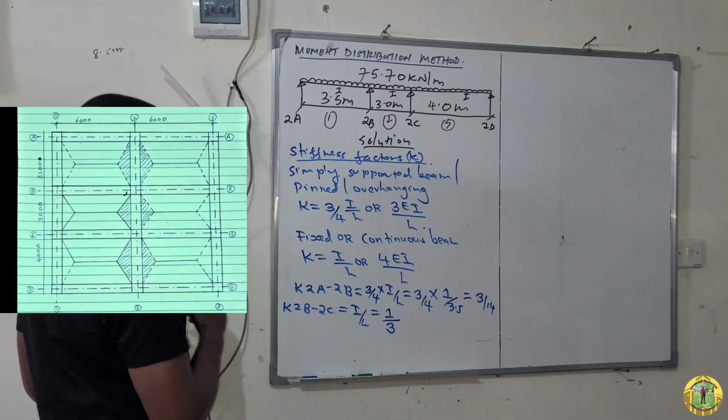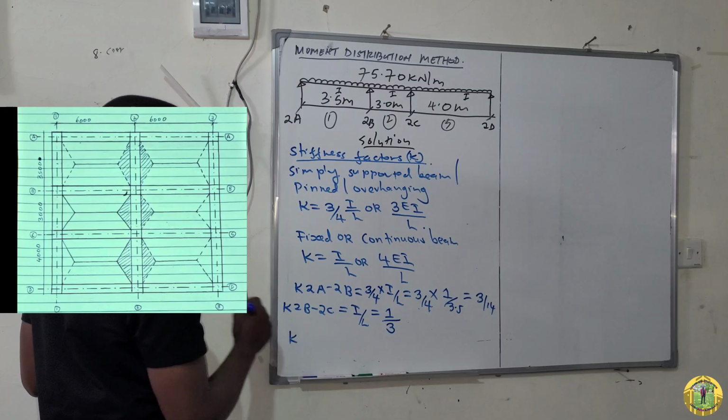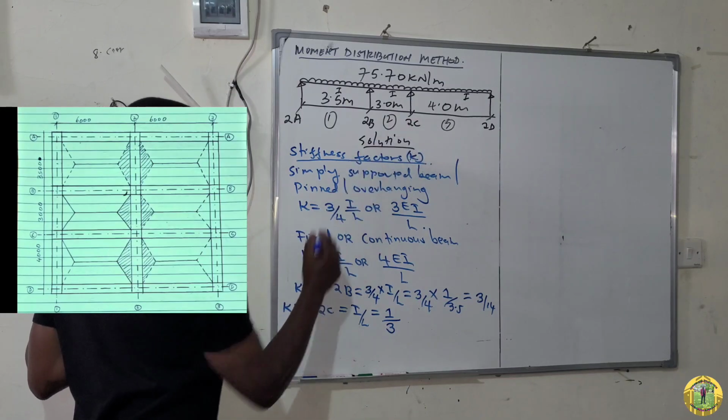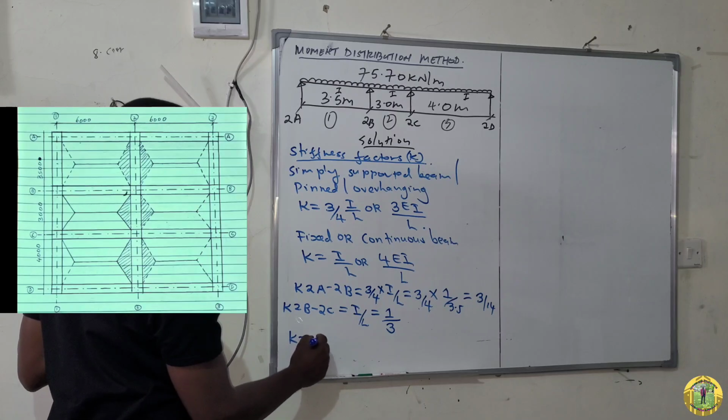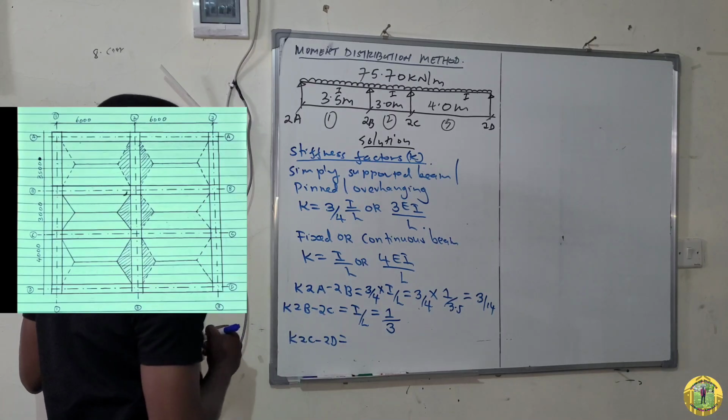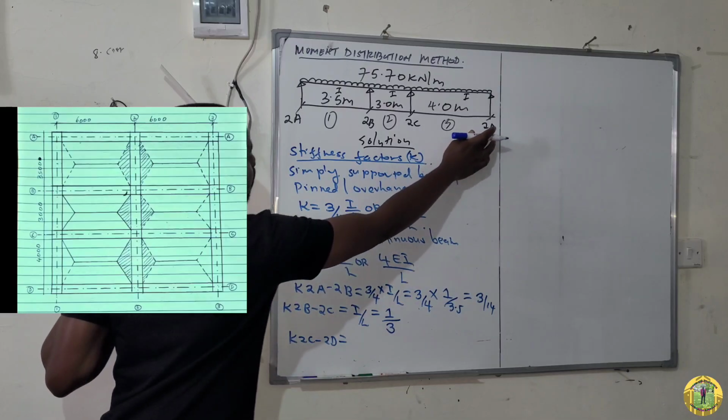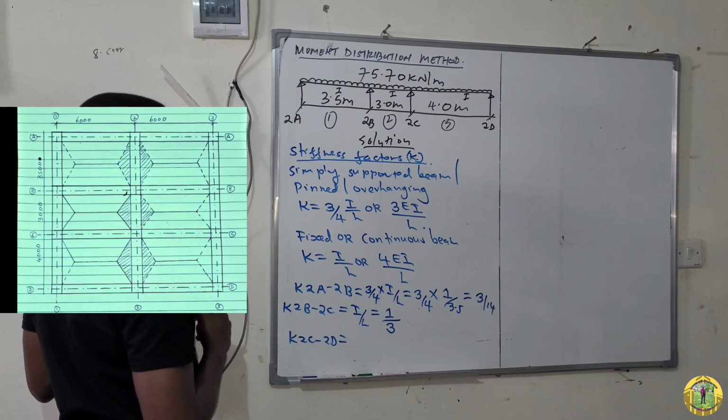Then K 2C, 2D: the farthest or end support is a simple support.